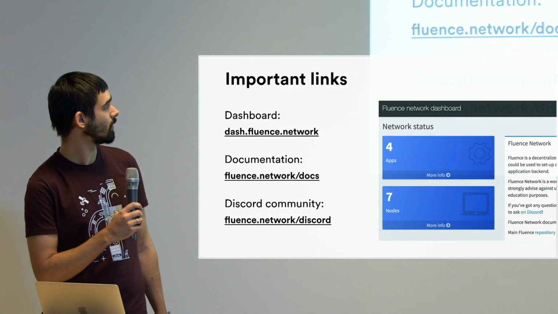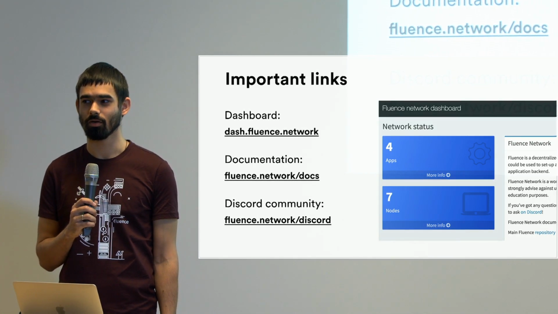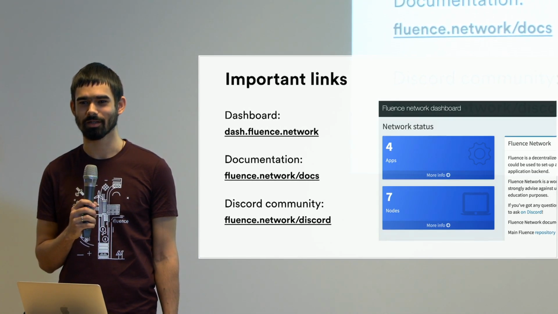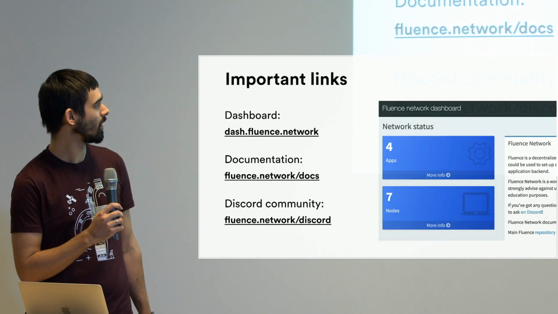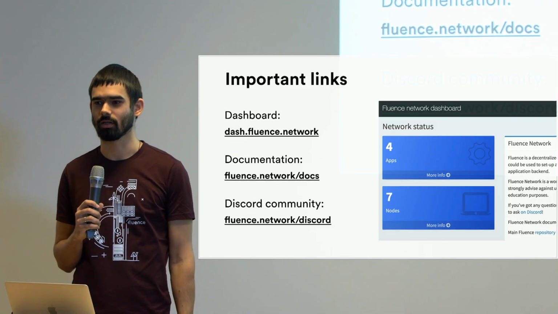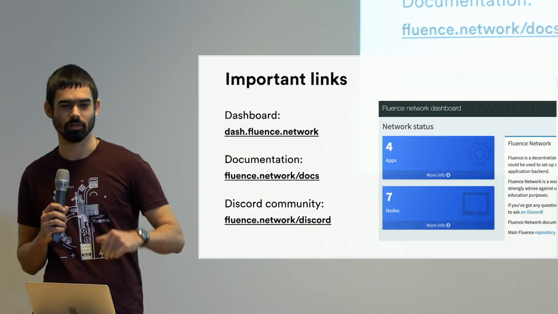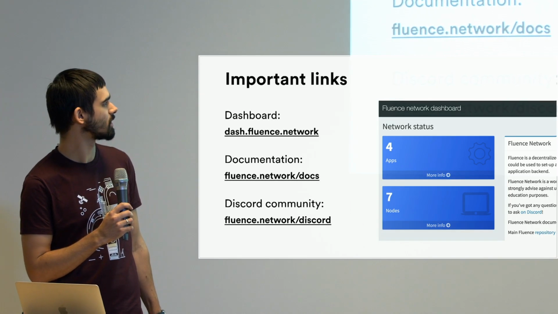Here are some important links. I'm not sure they work now, but I will check as I want to have a demo. There is a dashboard that shows the status of networks and of the applications and of the Tendermint chains of the applications.